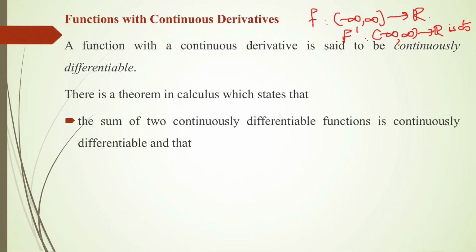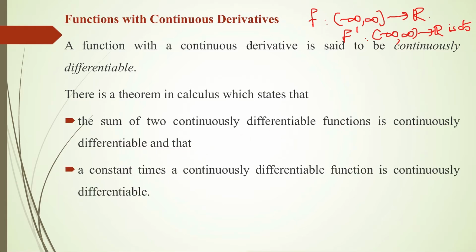If f and g are two continuously differentiable functions, then their sum is also continuously differentiable, and a constant times a continuously differentiable function is also continuously differentiable.